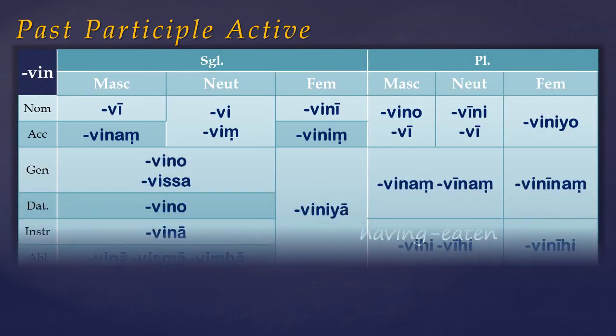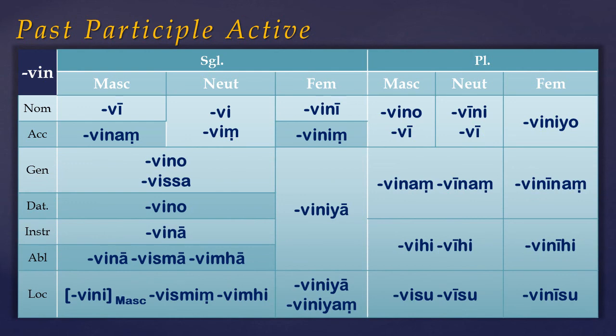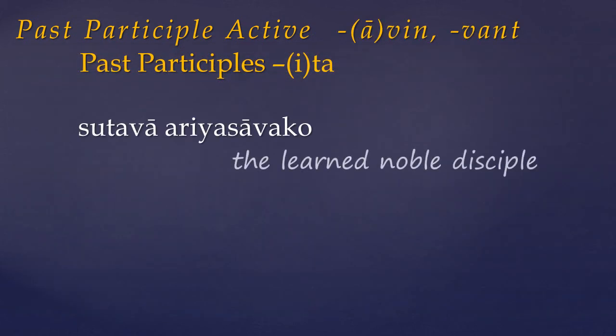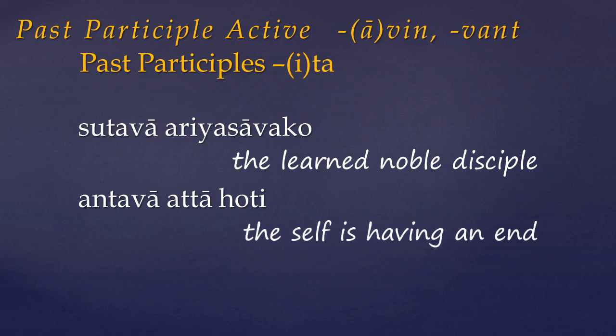And these then decline like that possessive suffix in that we saw back in lesson 18. They generally act as adjectives and describe a state or a quality, such as sutavā ariyasāvako. Literally, this means something like the noble disciple possessing the heard, but actually means the learned noble disciple.